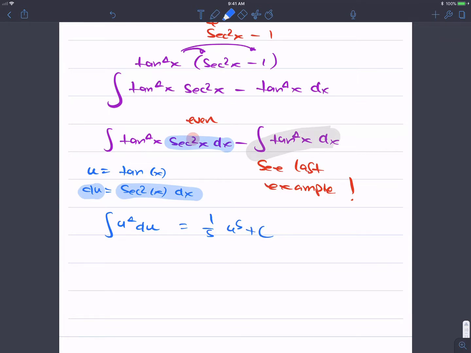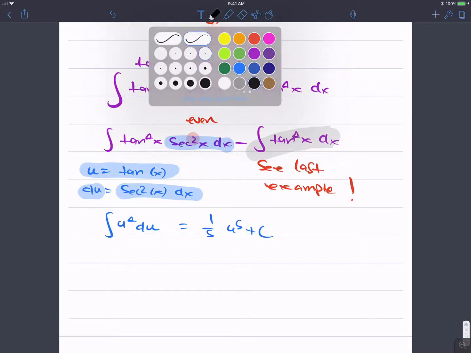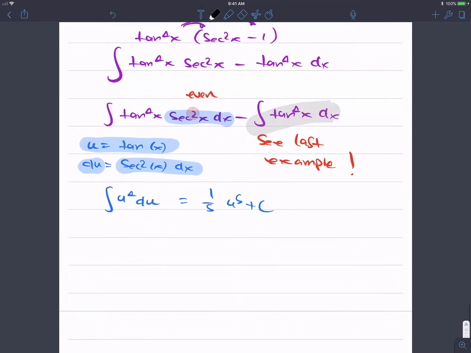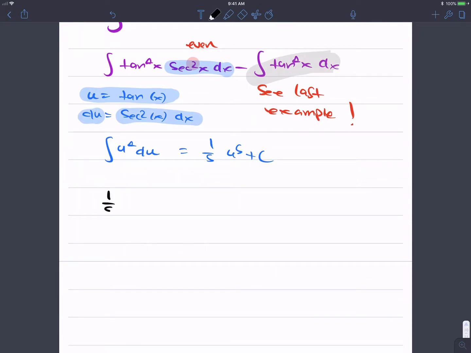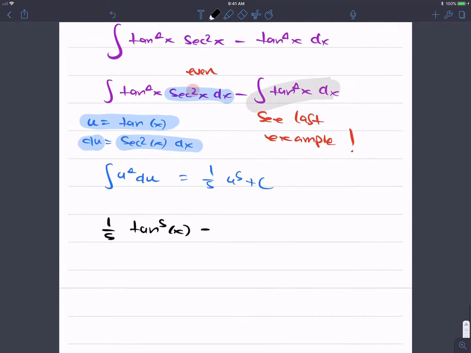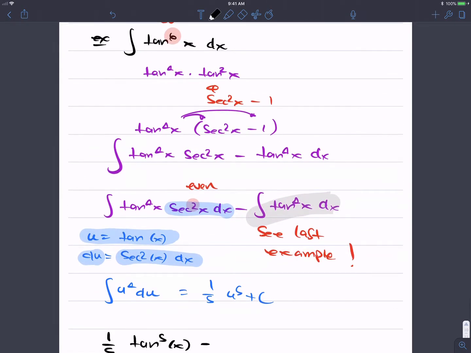Don't forget what u is. u is tangent. So let's write our final answer. 1/5 tangent to the 5th power of x minus the last example answer here.